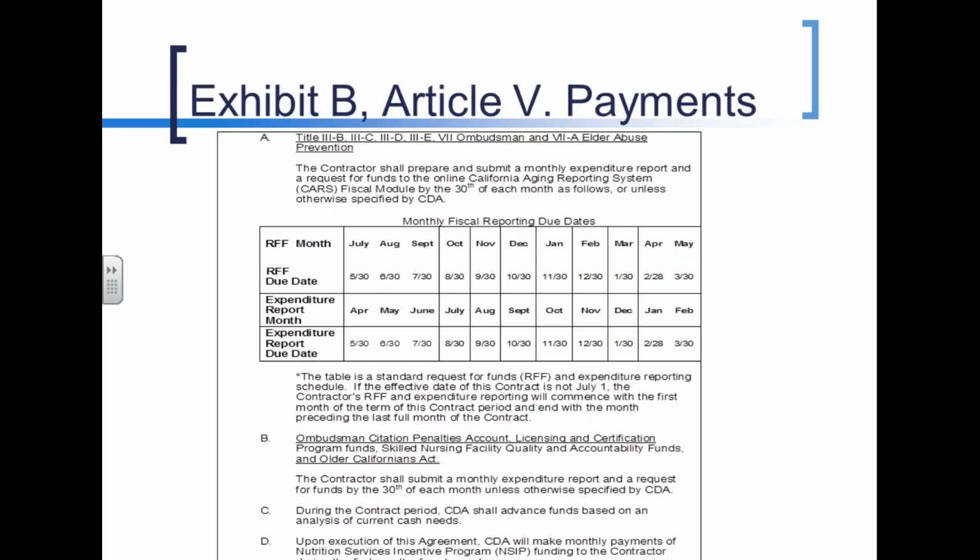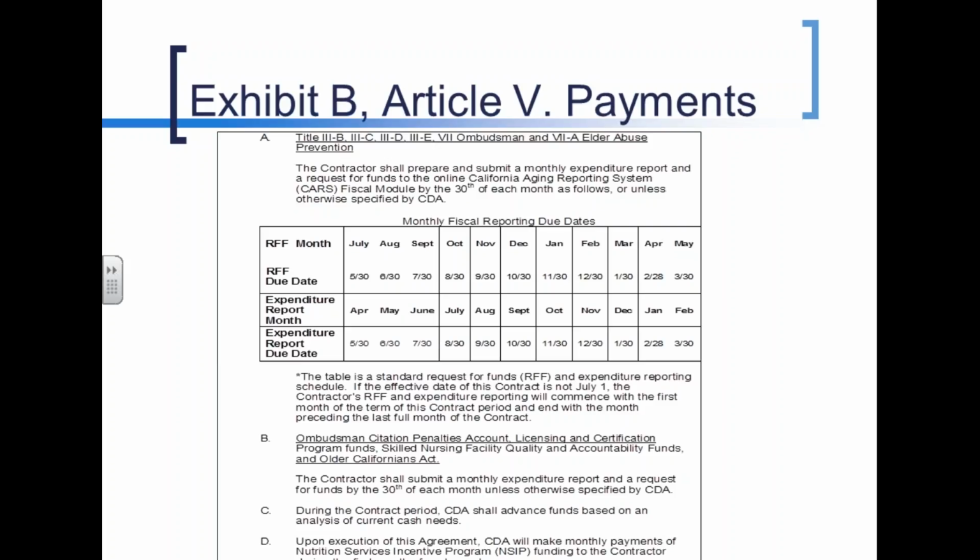Because we do advance funds to you, you're going to see the box that's related to the request for funds. The month July, the request for funds due date is the end of May. And then your expenditure report for the month of April is also due in May.